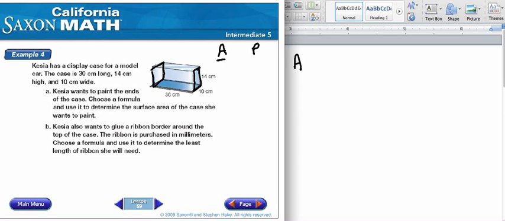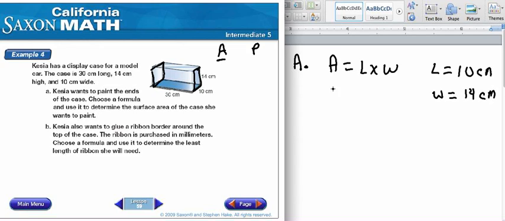So for problem A, we're going to choose area equals length times width. Okay, and I see that my length is 10 centimeters. And my width, or in this case it's my height, but because we're looking at this edge, that's fine, equals 14 centimeters. So area equals 10 times 14.